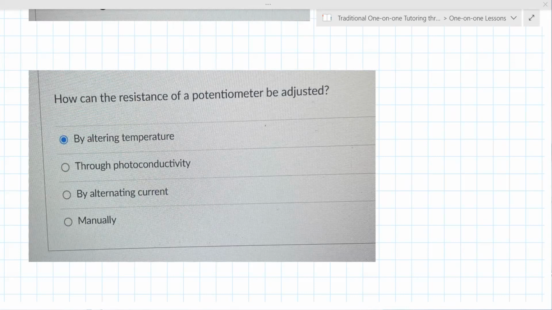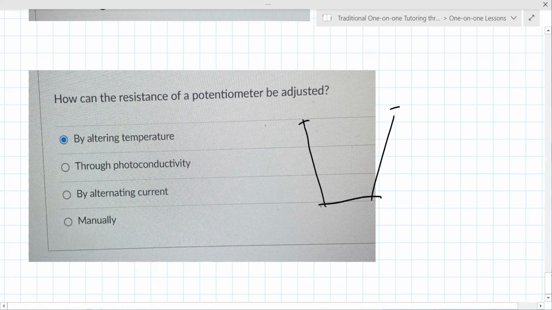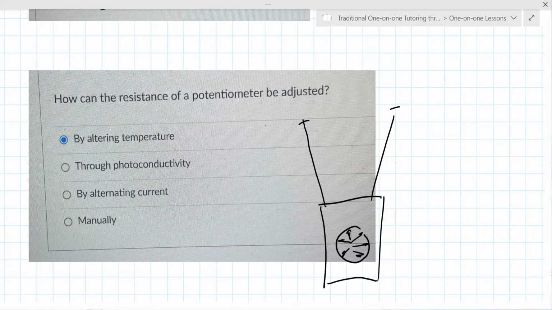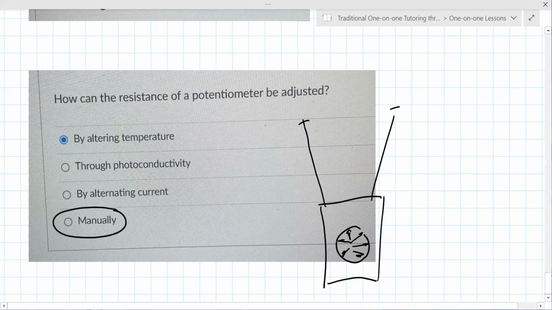The way a potentiometer works is you've got two wires, a plus wire and a minus wire, and you've got your box. Generally there's a toggle on here with different switches for adjusting the resistance. So to me, I would say manually, because you're manually moving this knob.